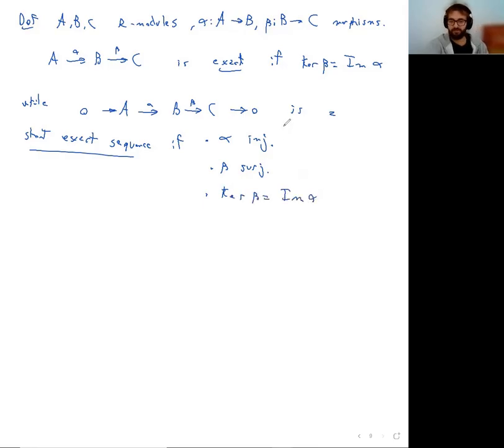Yeah, so usual things. But now we have something a bit more interesting, which didn't really happen for vector spaces, which is splitting.